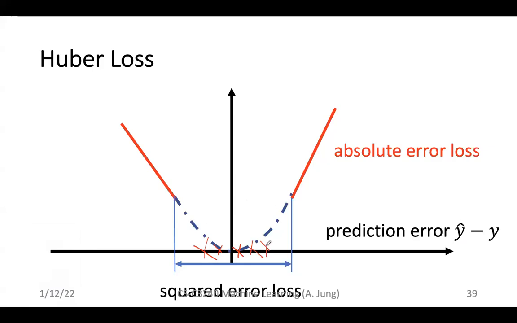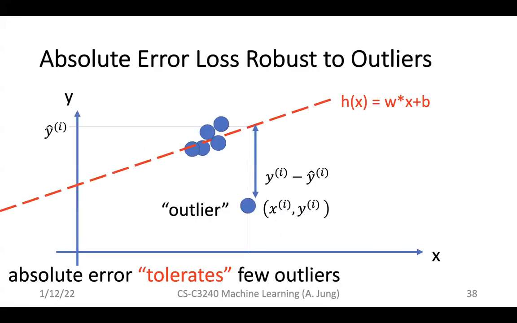So here we use the squared error loss, which is nice, or fast, to optimize. But then outside this tolerance band, we use the absolute error loss because we want to de-emphasize the effect of a few outliers. So here we would have an outlier, and that's why we do not want to use the squared error loss that far out for large prediction errors. Okay, so the Huber loss mixes the absolute error loss and the squared error loss.